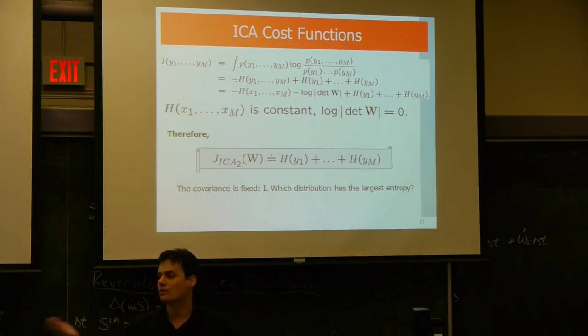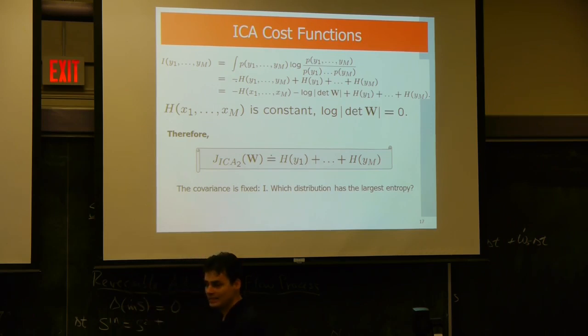Uniform, Gaussian. Right, my question is a silly question. There's no such thing, so you need to specify some constraints because otherwise you could go anywhere with entropy. But if you fix the covariance matrix, say to the identity, then you can prove that among all distributions, the Gaussian distribution has the largest entropy.